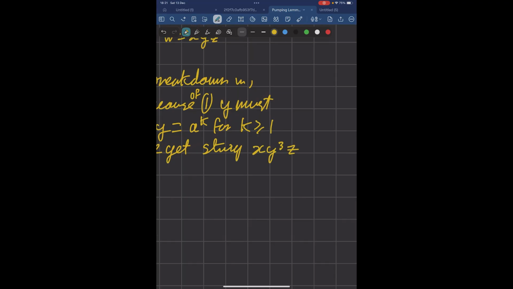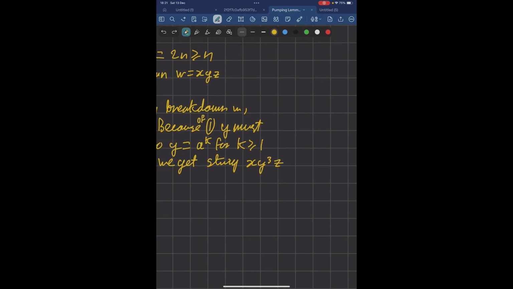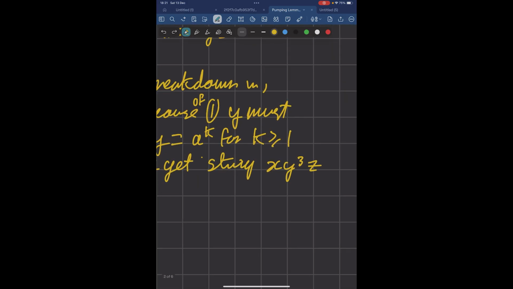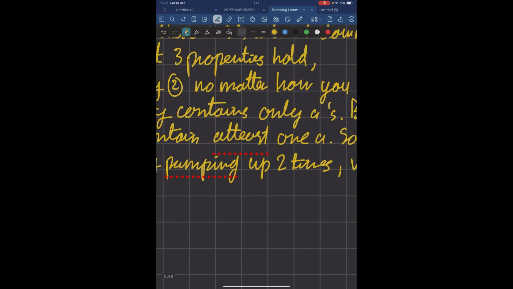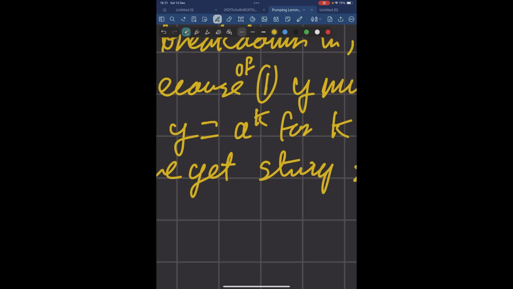So we've pumped up y twice, so we added 2 repetitions of y. And y contains some amount of a's, so y equals a to the k. Therefore, by pumping it up twice, we've added 2k a's.